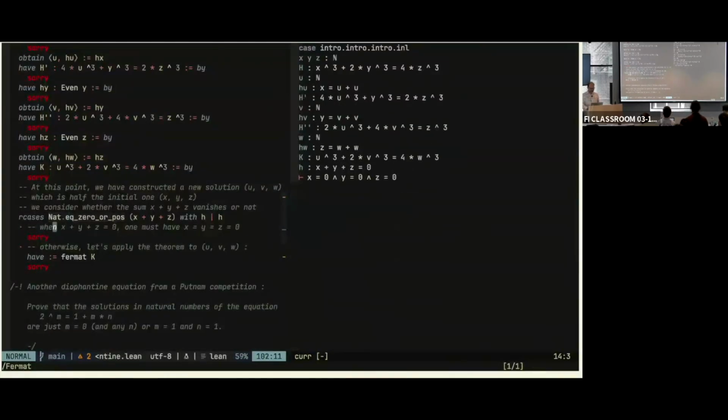In the first case, I have the assumption h, x plus y plus z is 0. In the other case, I have the assumption x plus y plus z is strictly positive. And so in the first case, the machine is, yeah.